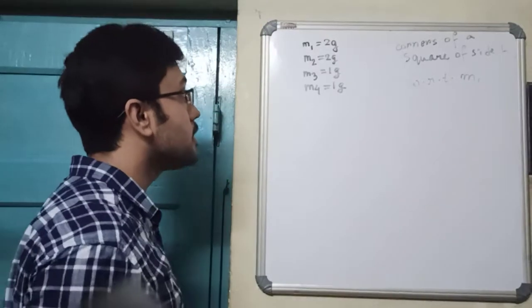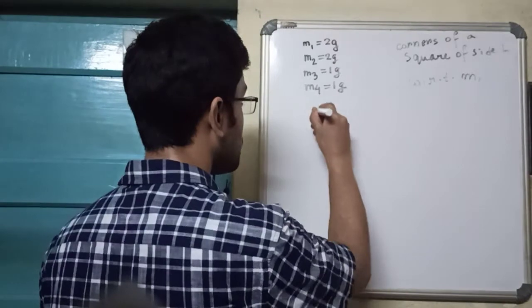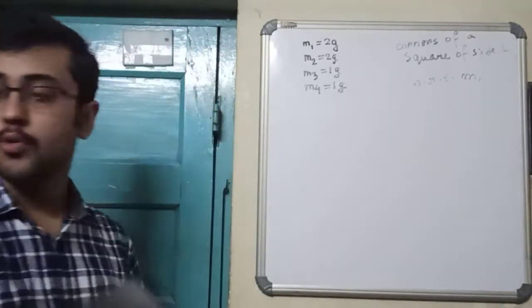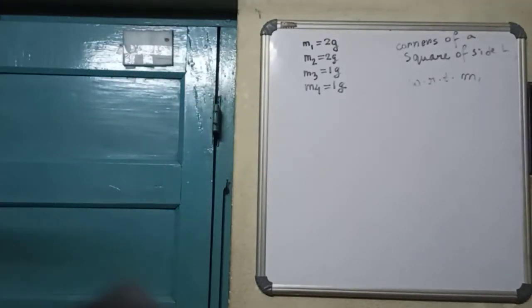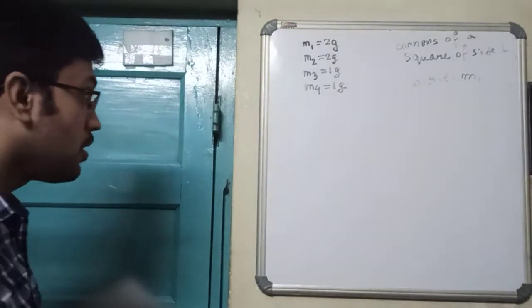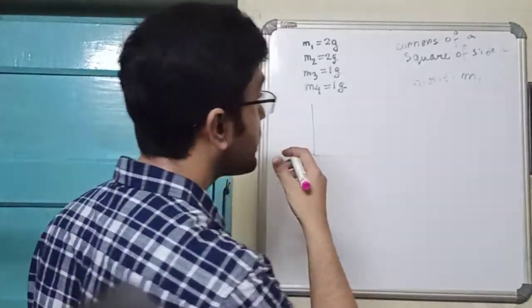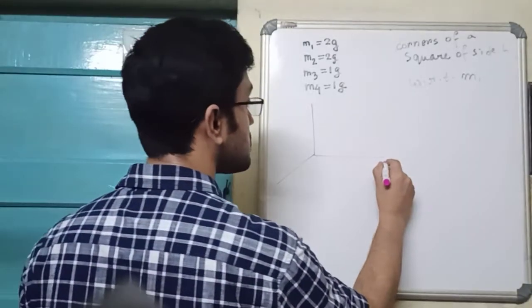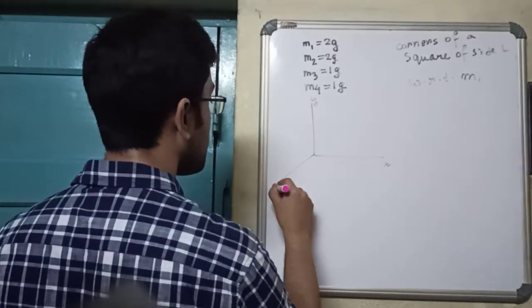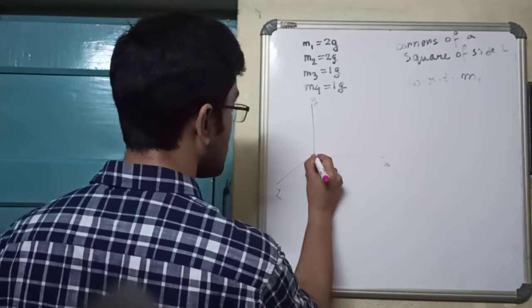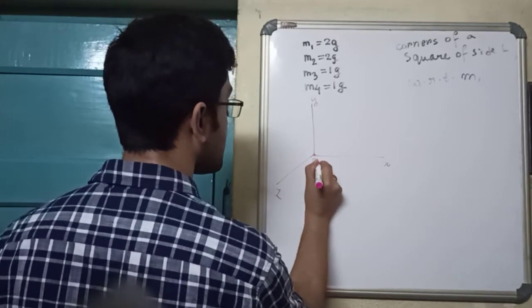Now here we will do one thing. Obviously, first of all we will draw some kind of coordinate system. Since they have asked us to find out the center of mass with respect to m1, we will play a trick. We will consider that m1 is located at the origin.